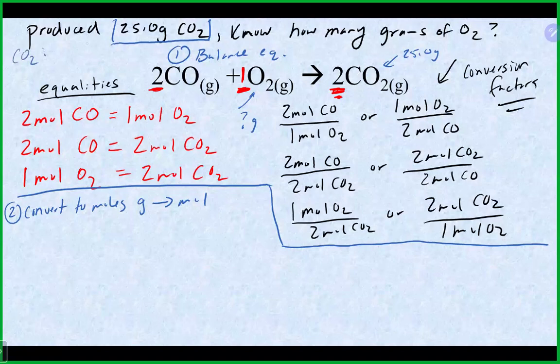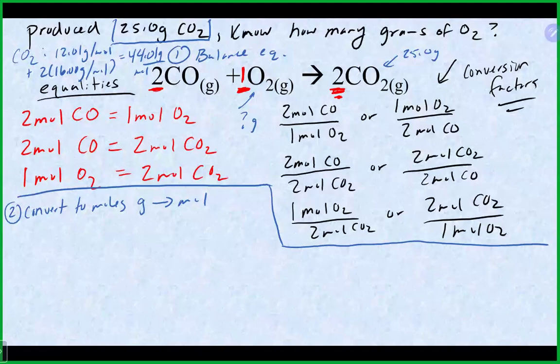Again, that's 1 carbon at 12.01 plus 2 oxygens at 16, and that's going to give us 44.01 grams per mole. So the molar mass here for CO2 is 44.01, and that again is what we're going to use as our conversion factor to do this step.